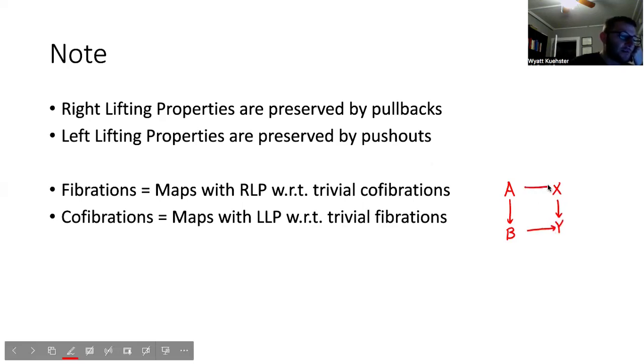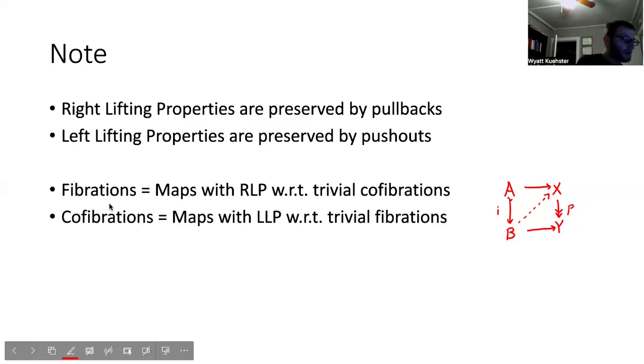That's a theorem you can prove using just the other axioms of a model category. So a map is a fibration if and only if whenever I have a trivial cofibration here, I can lift this diagram. And a map is a cofibration if and only if whenever I have a fibration over on the other side, I can lift this diagram.